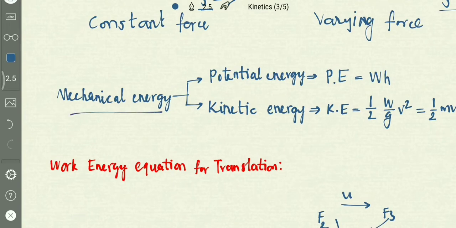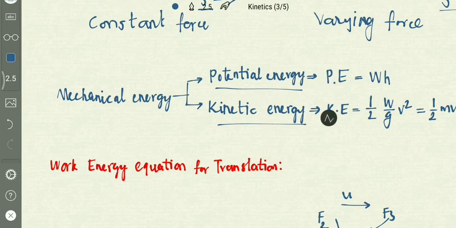Mechanical energy has two types, which are potential and kinetic energy. We have seen from the definition of mechanics that it is the study of bodies which are at rest and which are in motion. So the energy possessed by bodies at rest is called potential energy, and the energy possessed by bodies in motion is called kinetic energy.